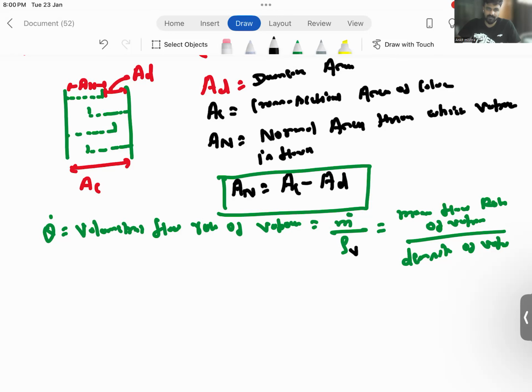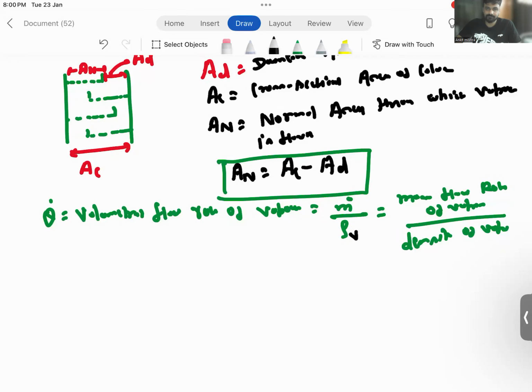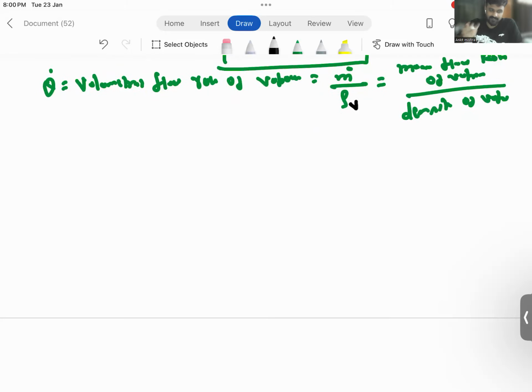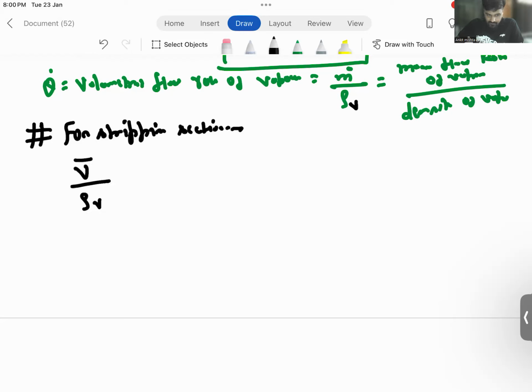You have studied this in fluid mechanics also. Fine. So let's say for a stripping section, if I'm talking generally, what will happen? V bar upon rho v, that is equal to A normal multiplied with U up, right?